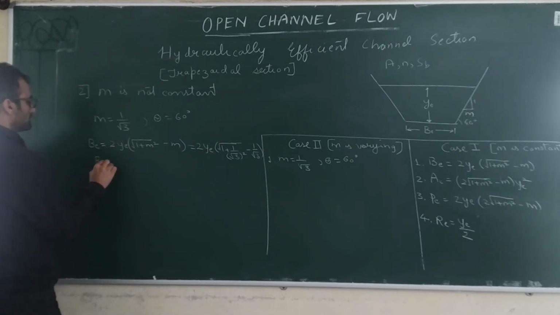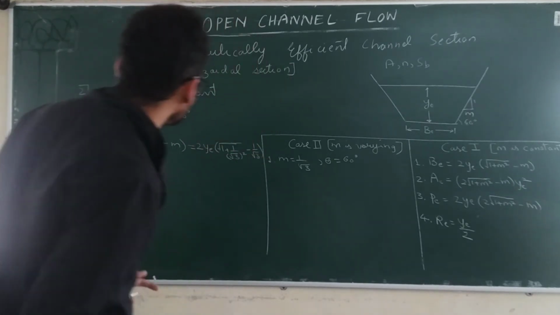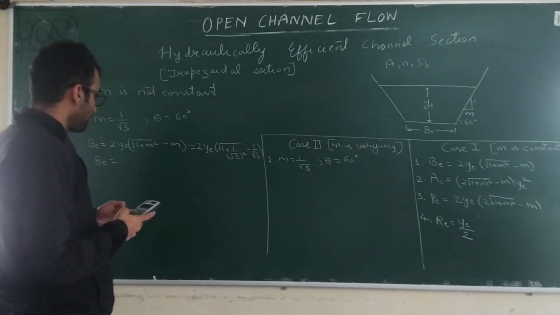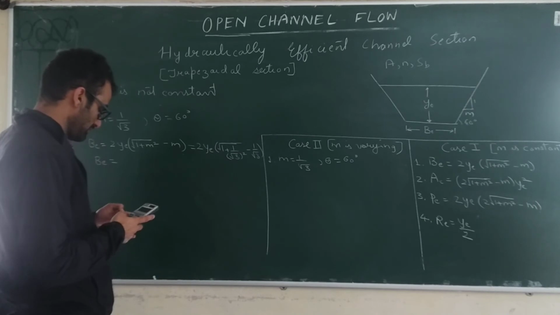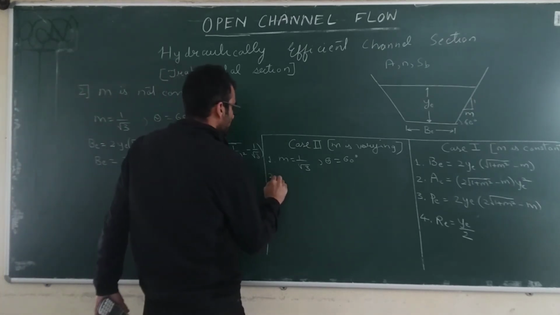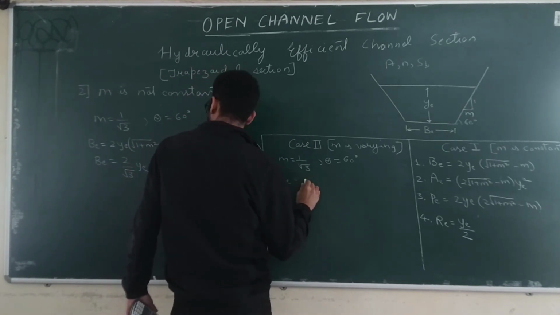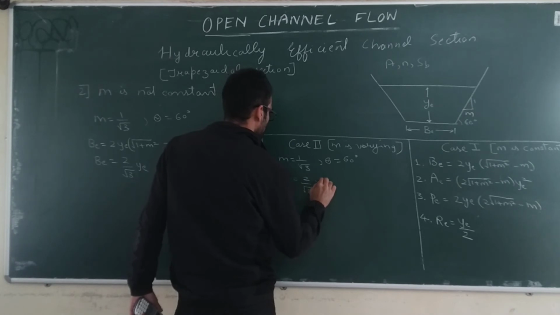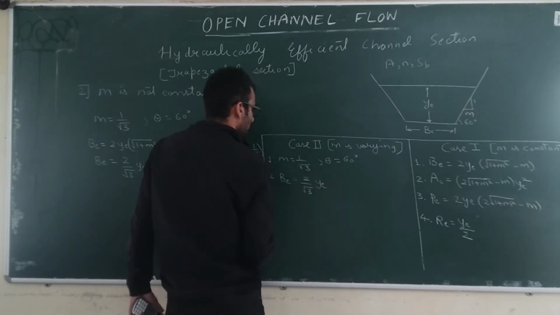So BE will be 2 by root 3 ye. This will be the equation for the base width.